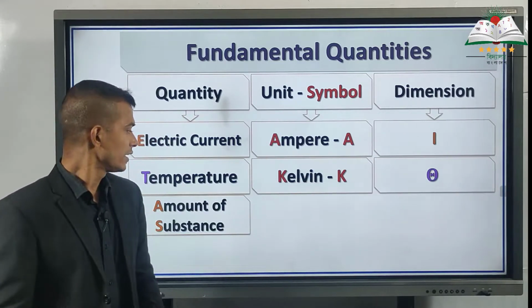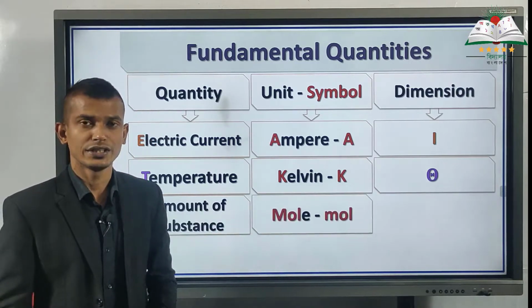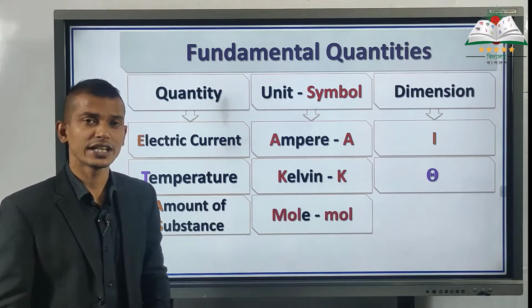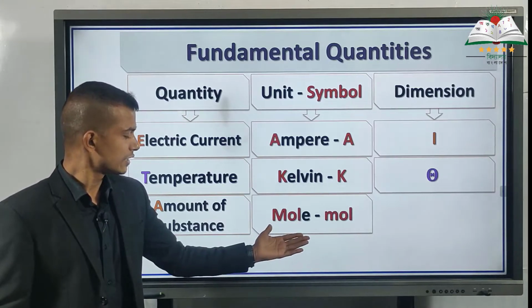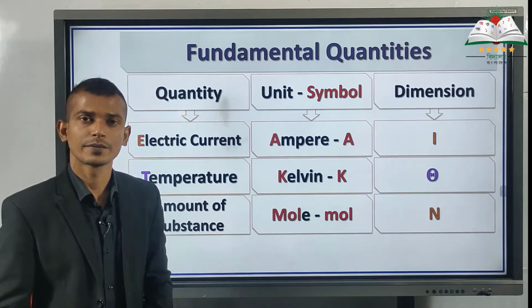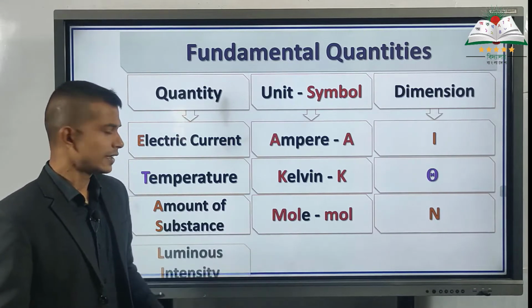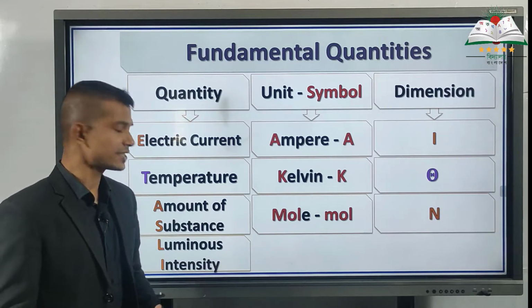And the 6th one is the amount of substance. We use the SI unit as mole, and the symbol is mol, and it has a dimension of capital N. And the 7th fundamental quantity is the luminous intensity.